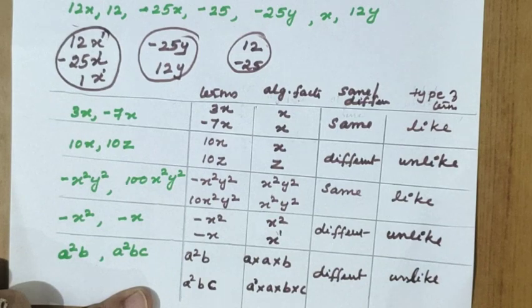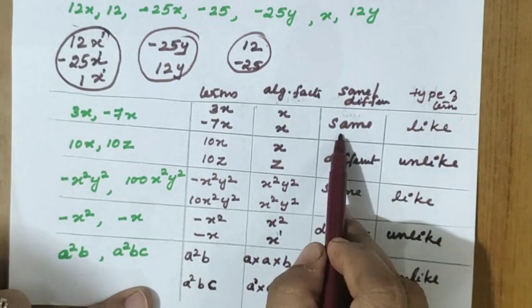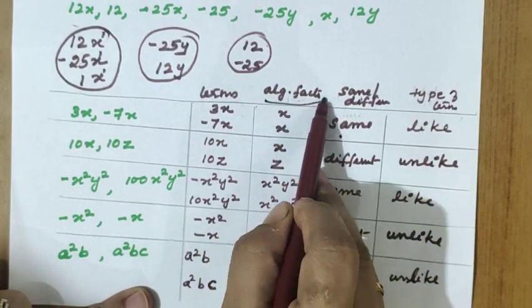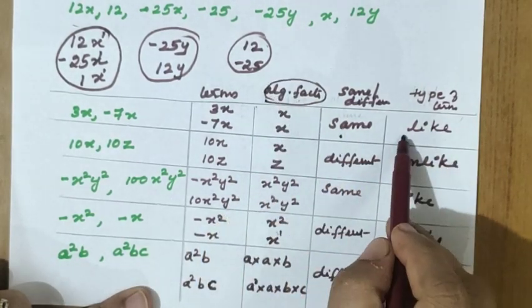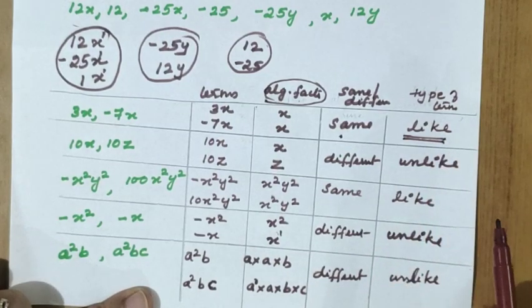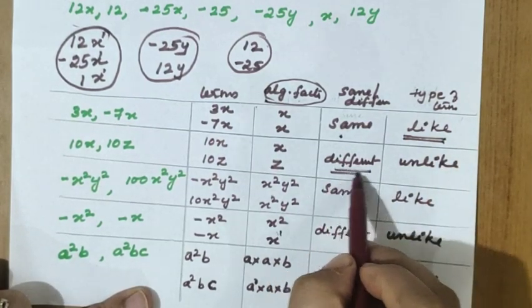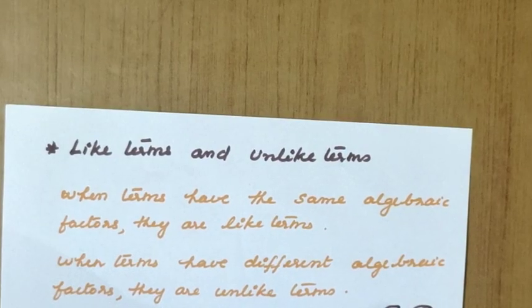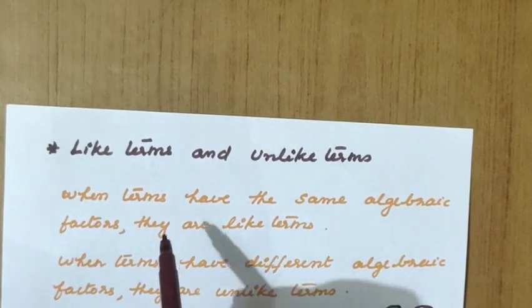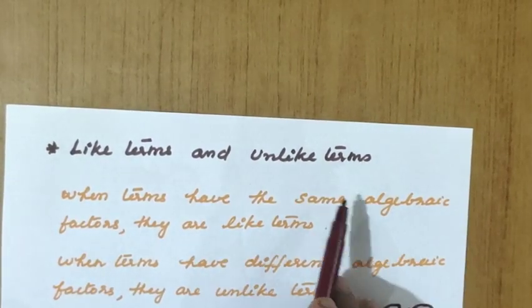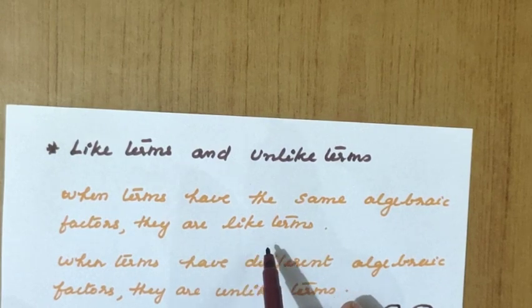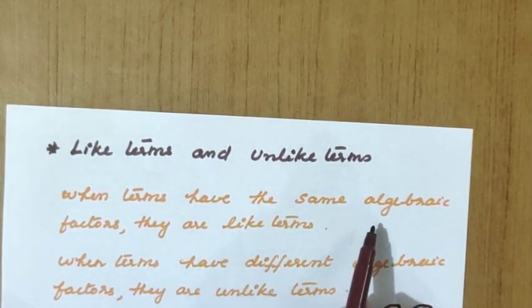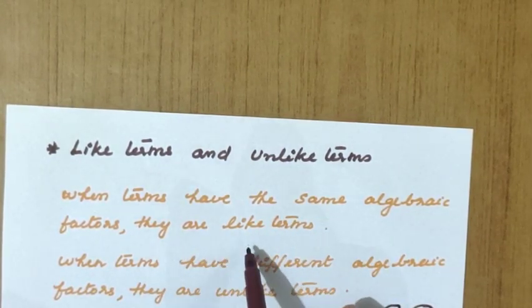So what is the conclusion? When the terms have the same algebraic factor, then they are called like terms. When they have different algebraic factors, they are called unlike terms. So what we learned today: when terms have the same algebraic factors, they are like terms.